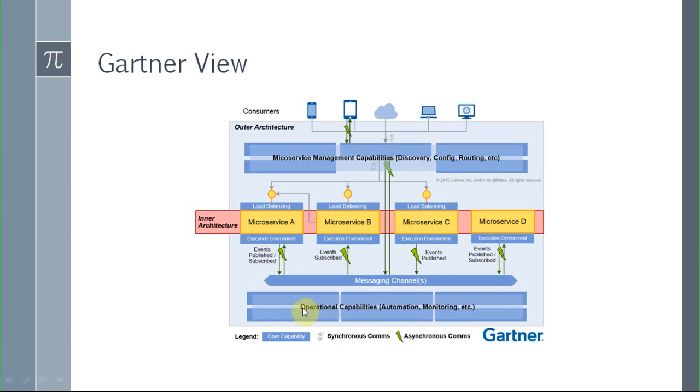And here at the bottom layer of this outer architecture, we have operational capabilities of the systems for automation and monitoring. For example, you can use Kubernetes, Docker Swarm, and any kind of infrastructure as a service or platform as a service like OpenShift, OpenStack, and Heroku.